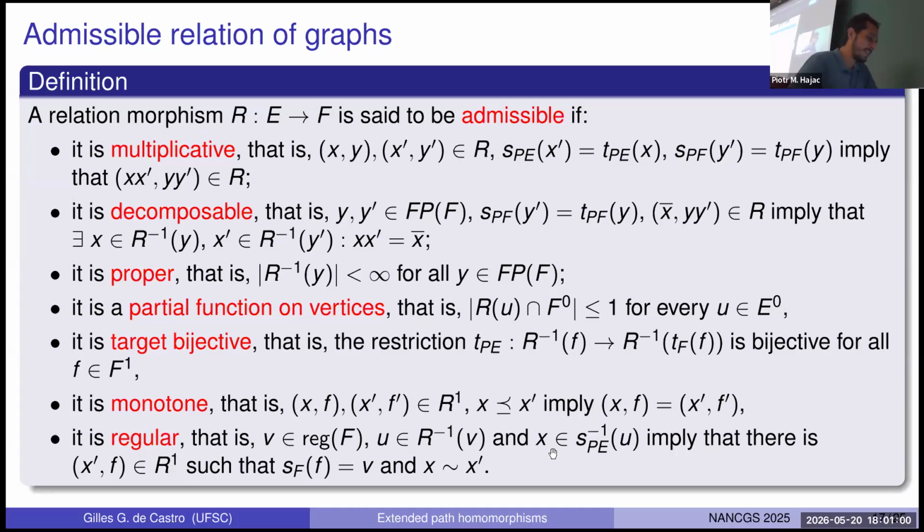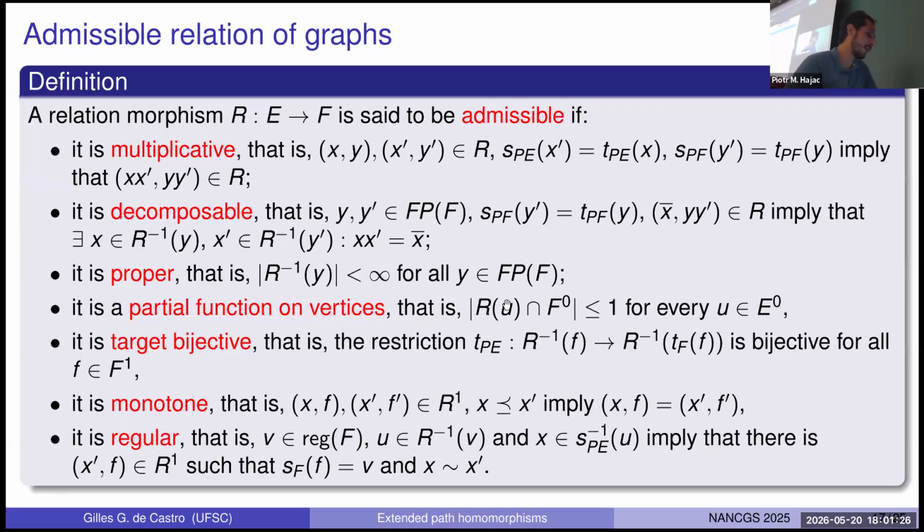Okay, so this is kind of a lot, but we showed that the composition of homomorphisms which are admissible is again admissible. The proof is a little bit tricky because we need, especially for regularity, which is the hardest part, but even the other ones, the multiplicative, the composables, are also a little bit tricky.